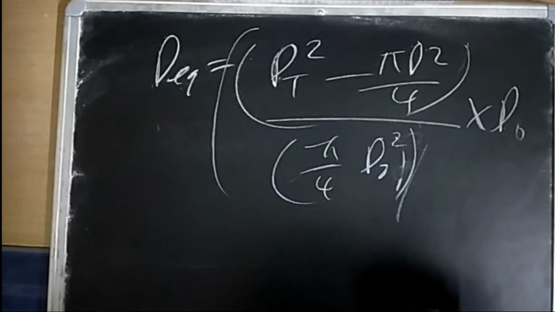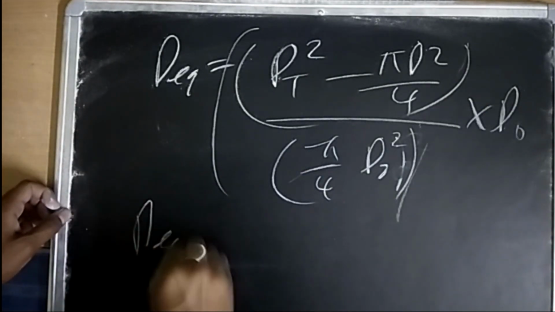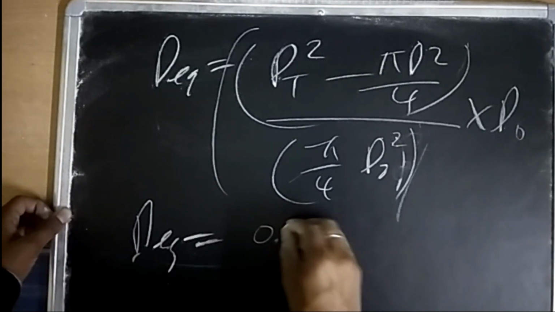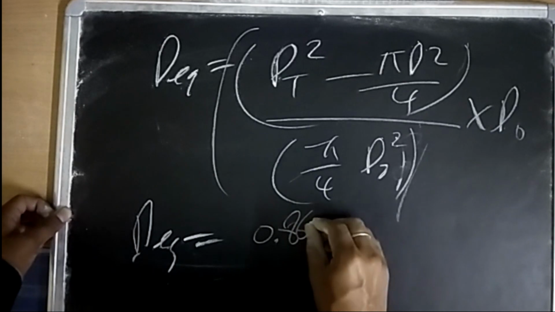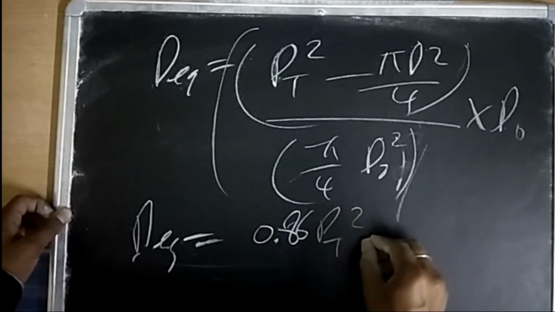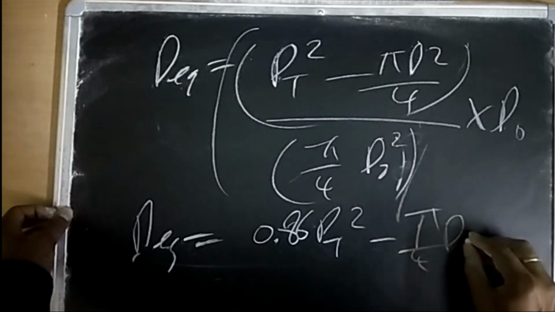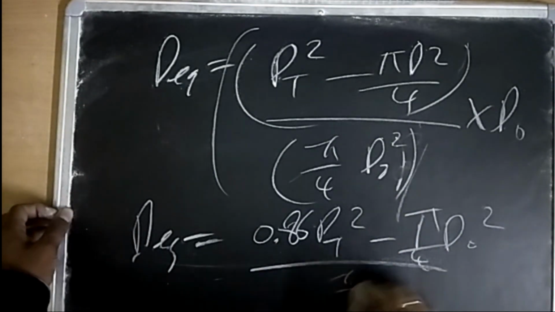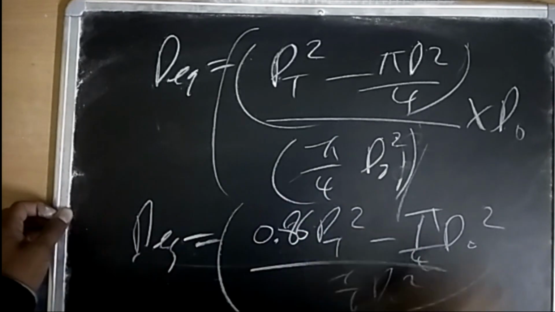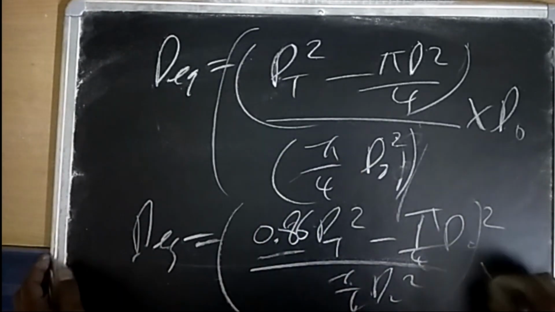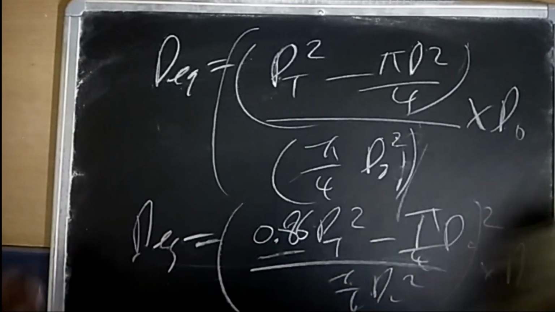And for triangular pitch, it is 0.86, okay, pt square minus pi by 4 d naught whole square, divided by pi by 4 d naught whole square, but remember 0.86 is some added factor over here, into this d naught. So these were all the formulas.